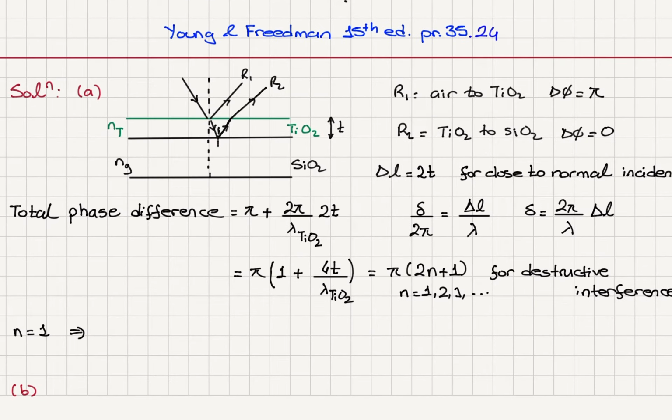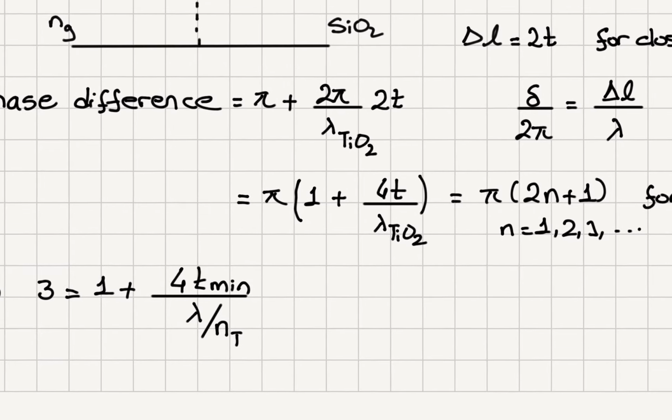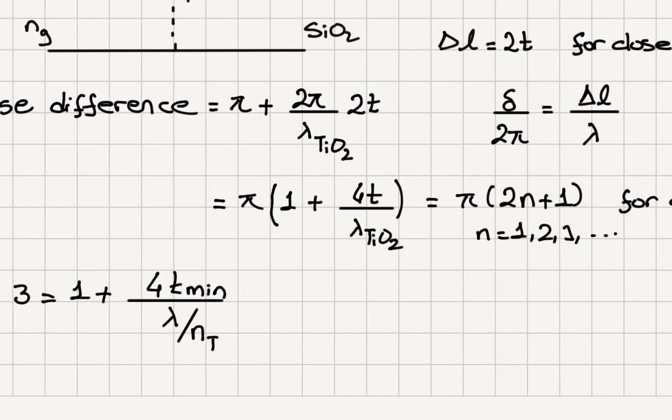So this will be 3 is equal to, because the pi's will cancel, 1 plus 4 times the minimum thickness of the titanium oxide layer divided by the wavelength in titanium oxide, which is found by dividing the wavelength in air by the index of refraction of titanium oxide. So that will give us a minimum thickness, t minimum.